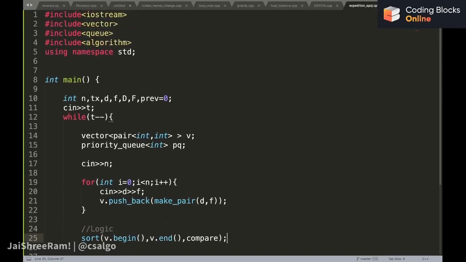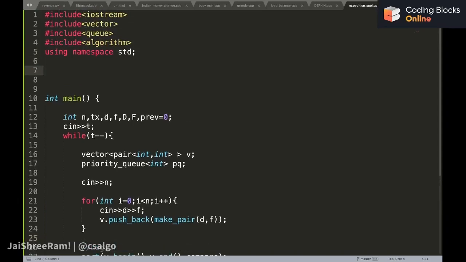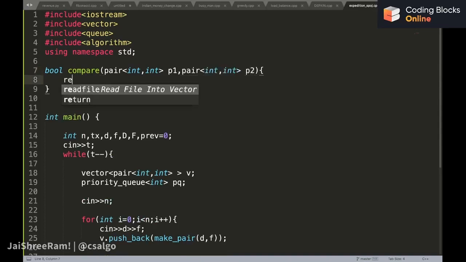So let's make this bool compare function, comparing two pairs, pair int p1, pair int p2, and I can say return p1 dot first greater than p2 dot first.